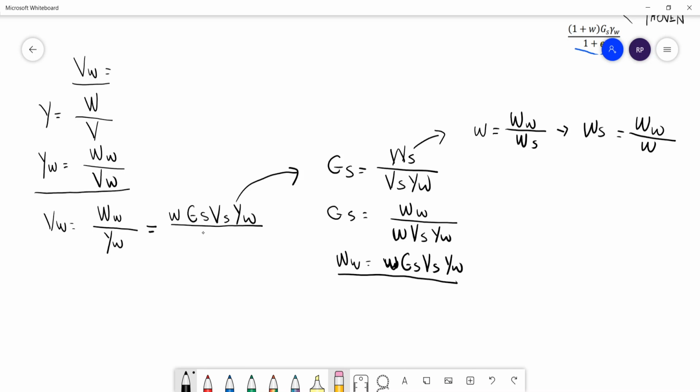So under is unit weight of water, YW, cancel YW. So we are left with VW equal to WGS and then VS. Okay, so we will use this later.